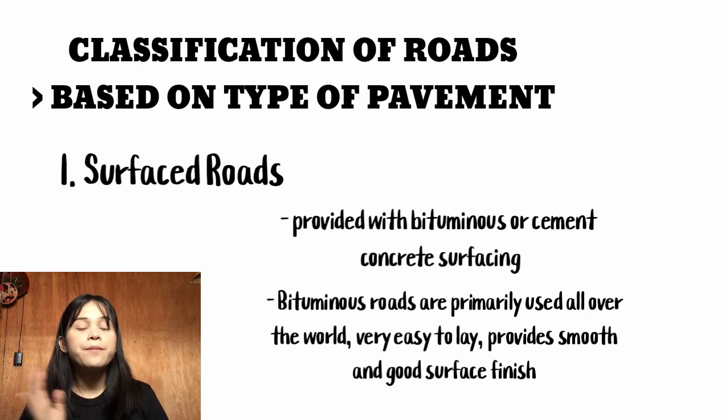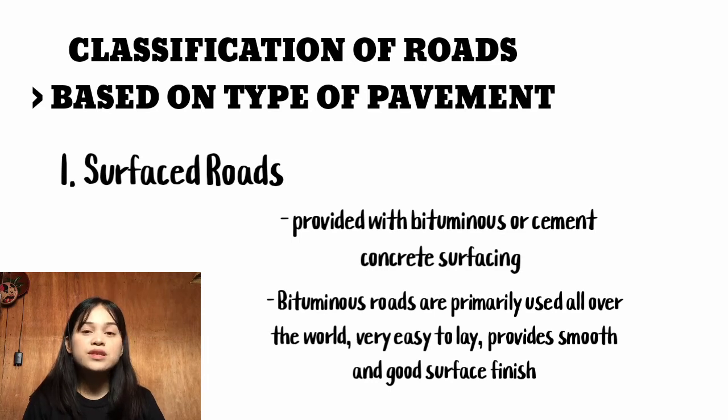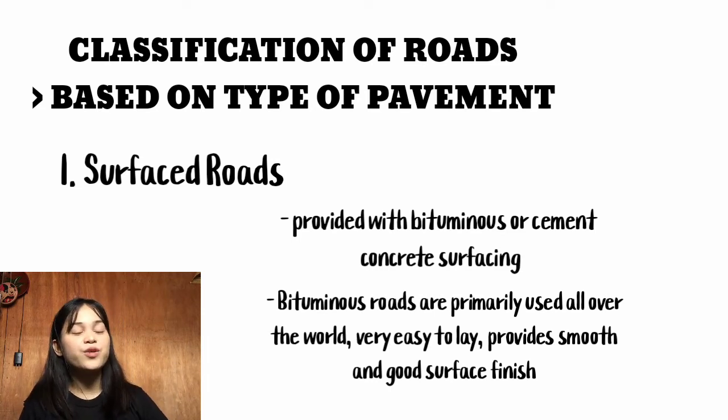Bituminous roads are primarily used all over the world, which is very easy to lay and provides a smooth and good surface finish. The thickness of bituminous road depends upon the subgrade soil at the site. It is always recommended to lay the bitumen roads in 2 layers, so that is the surface roads.